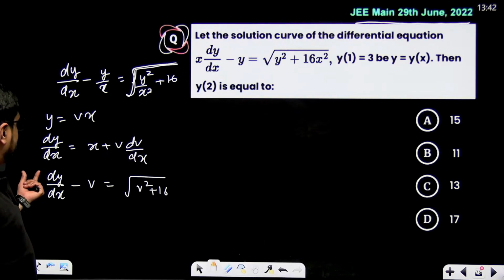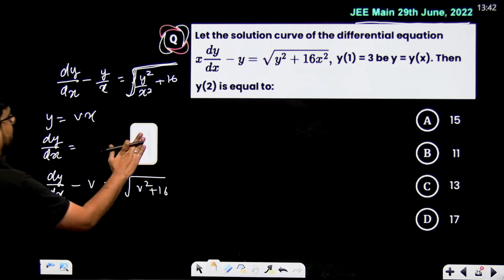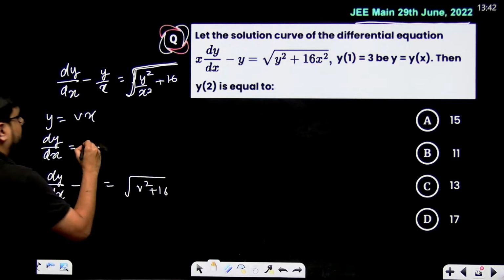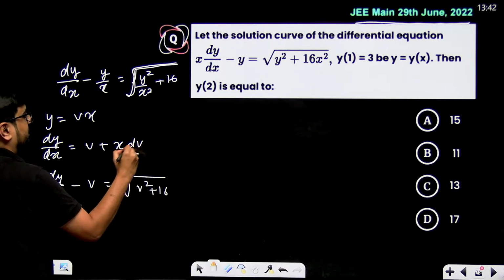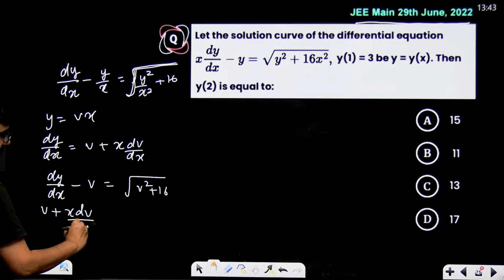Dy by dx is x plus v dv by dx. Something wrong. Sorry, we have written it the wrong way around. So that's what it is: v plus x dv by dx.